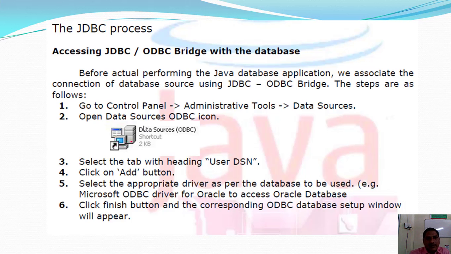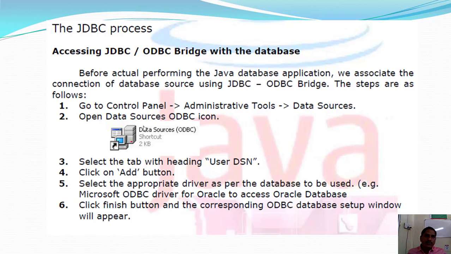Now the JDBC process: how our front end or application can fetch data from the data source or databases. This process is given in this point: accessing the database with the JDBC ODBC bridge. How can we access the bridge driver with the database?